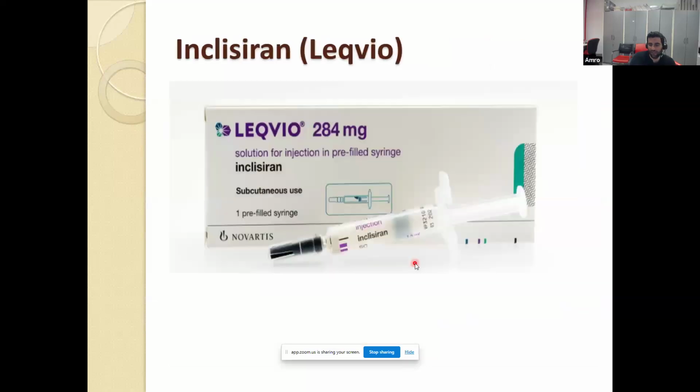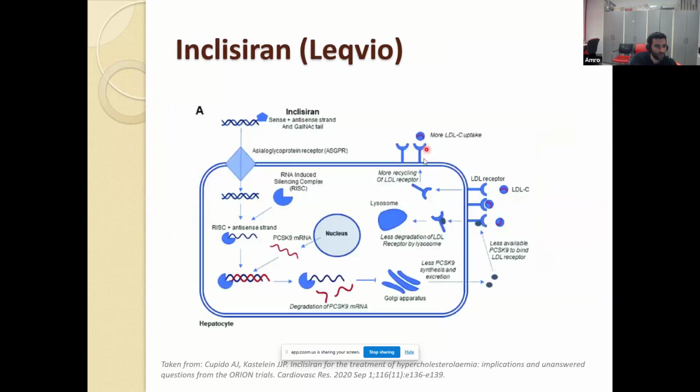Inclisiran, this is just the final medication I'll talk about. Inclisiran is the newest kid on the block. It is an injection called a small interfering RNA, and this also works by blocking PCSK9, except it doesn't block PCSK9 directly. It actually blocks the translation of PCSK9.